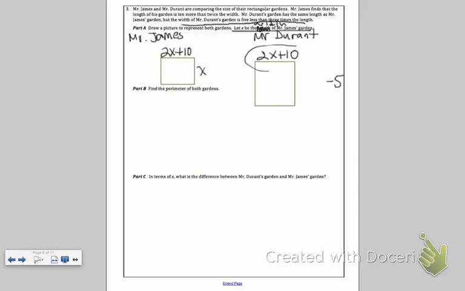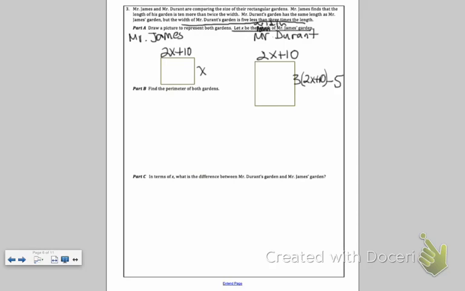And notice that the length is represented by this expression 2x plus 10. So we're going to triple 2x plus 10 and then subtract 5 from it. So the width would be represented by 3 times 2x plus 10, then minus 5.